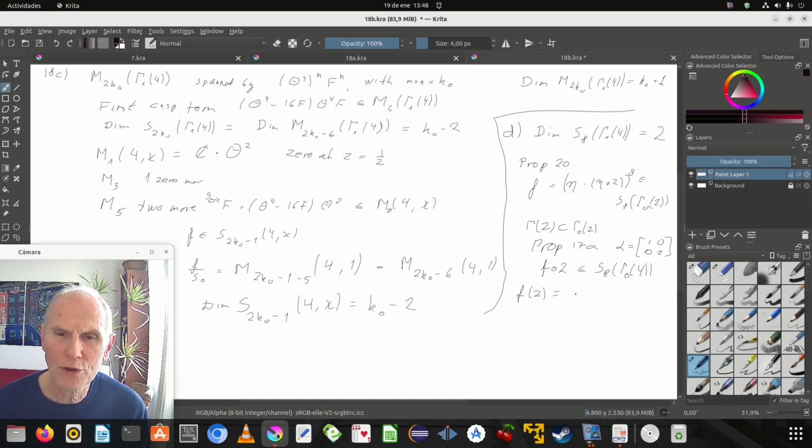So the first term is Q24 to 8th, and here it's 2 times 8. That's Q. And f of 2 z will then go as Q squared plus.